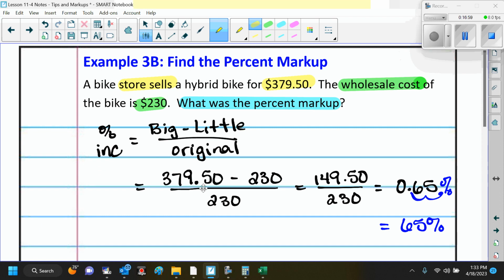So you have $379.50 minus 230 divided by 230. That's the original. And we simplify. We end up with 0.65. And then you move the decimal 2 places to the right to change the decimal to a percent. Is everybody clear with that? So that's how we get the percent, 65% markup.